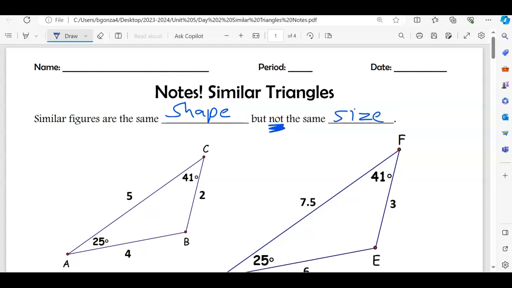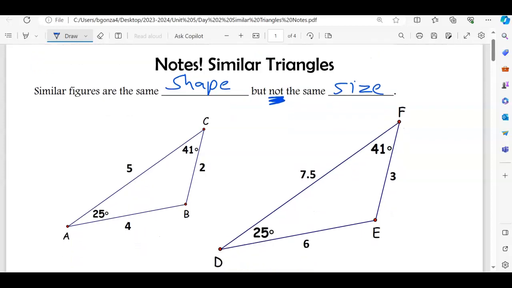Okay, so same shape, but not the same size. Cool. Do y'all notice that on this picture? Look at these angles. What do you notice about these angles? They're what? 25 and 25. That is the same, right? 41 and 41. That is the same. The angles are actually going to be the same.